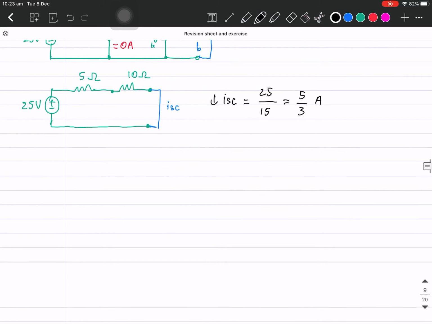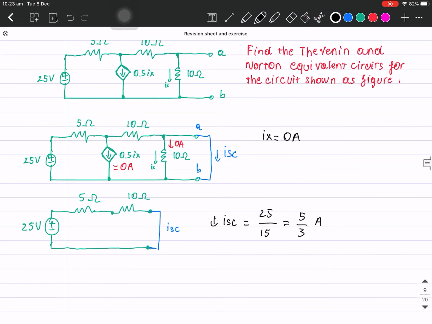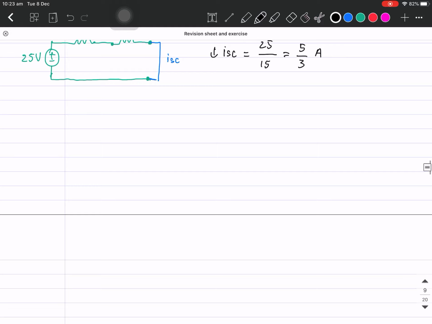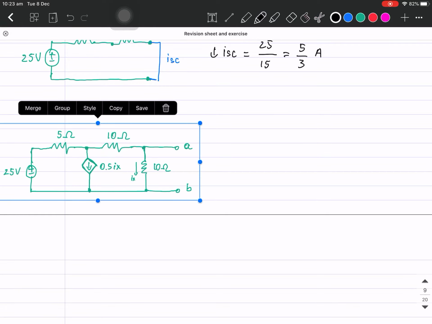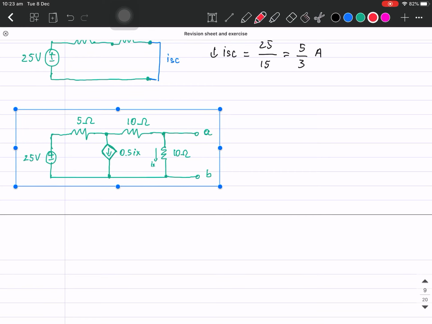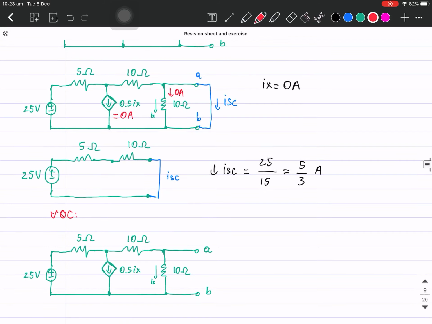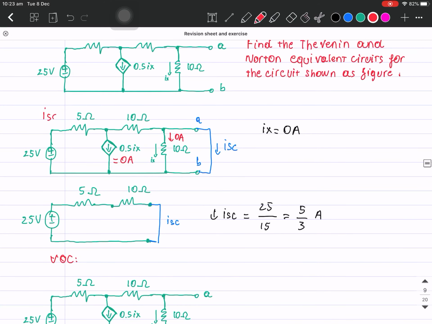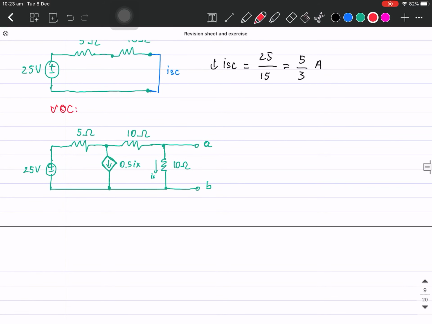Good. Now we're gonna need to find the open circuit voltage. Again, I'm gonna redraw this circuit to find the open circuit voltage. Gonna name this one ISC. All right. So our open circuit voltage is right here.